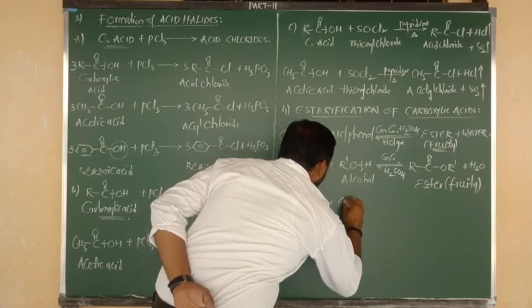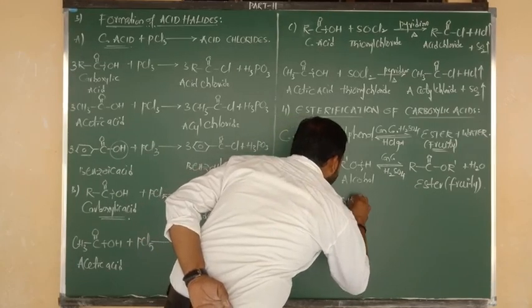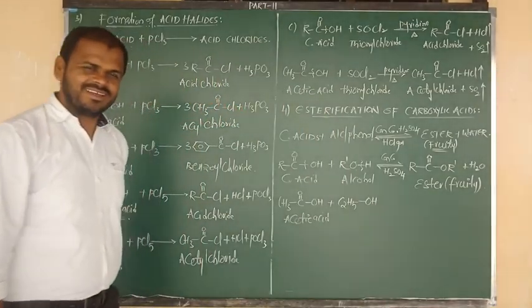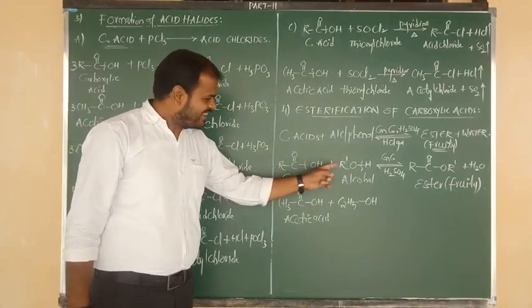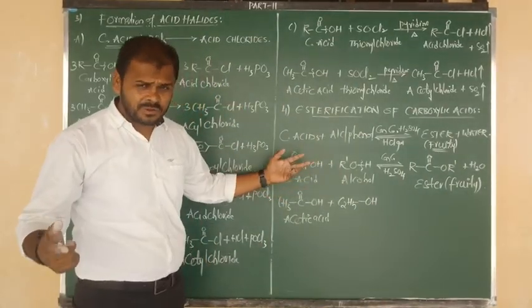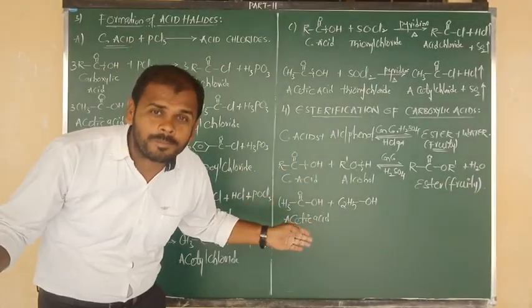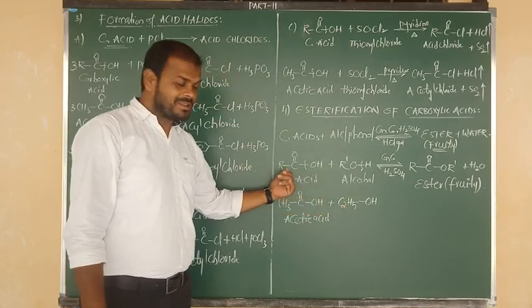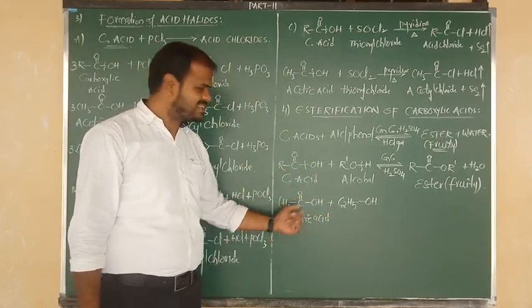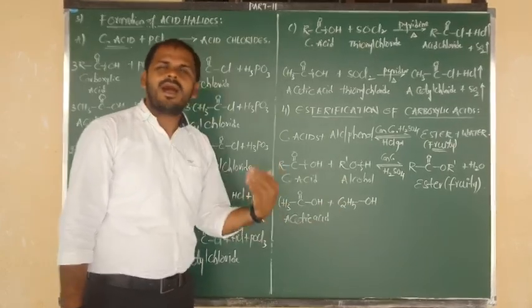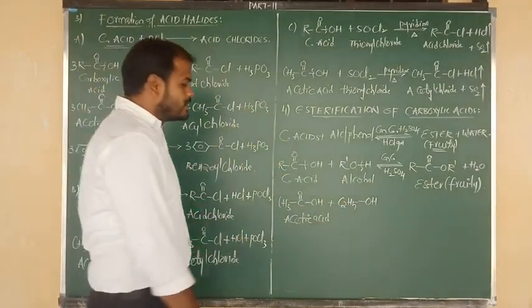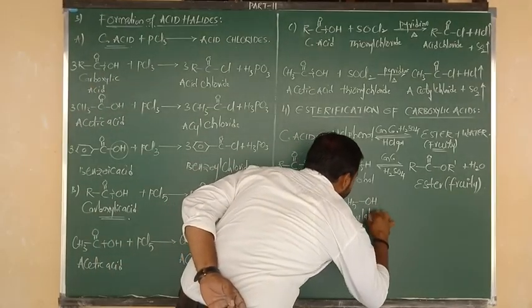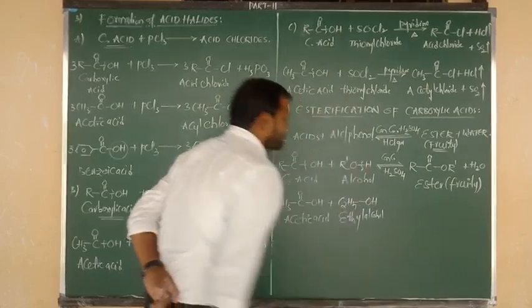The formula of ethyl alcohol is C2H5 bonded to OH. This is R, this is R prime, two different groups. If you want, you can consider the same, no problem, but here I am going to consider two different ones. In the place of R, I have written CH3. In the place of R prime, I have written C2H5. What is the name of this compound? Ethanol, or we can say ethyl alcohol.